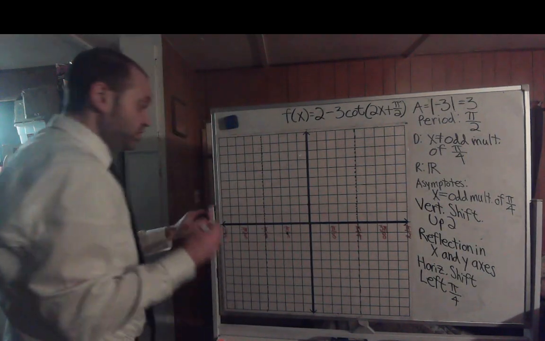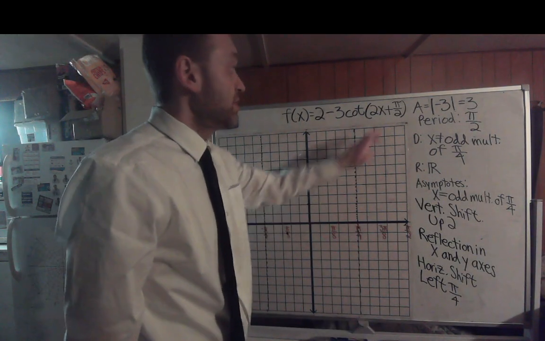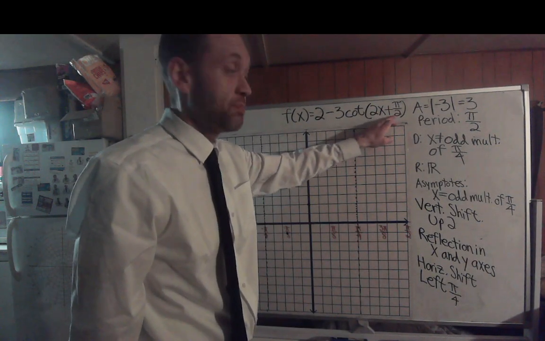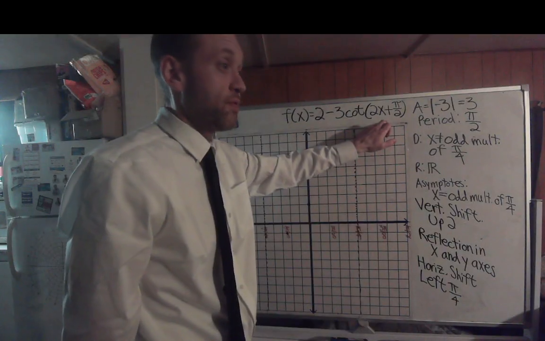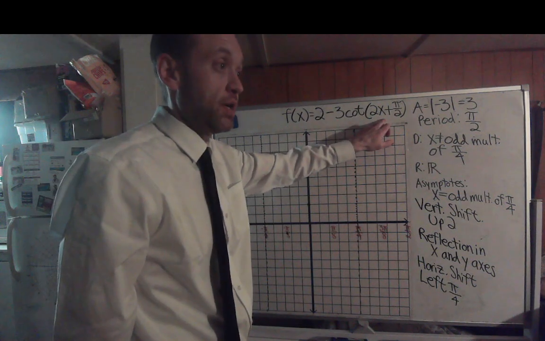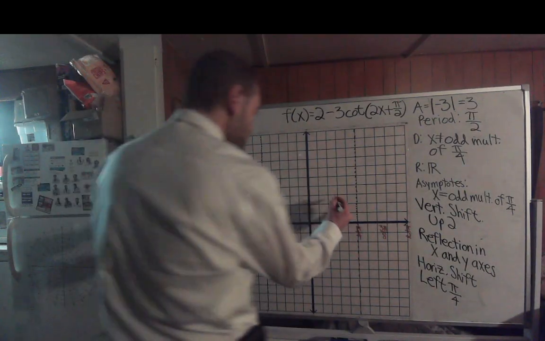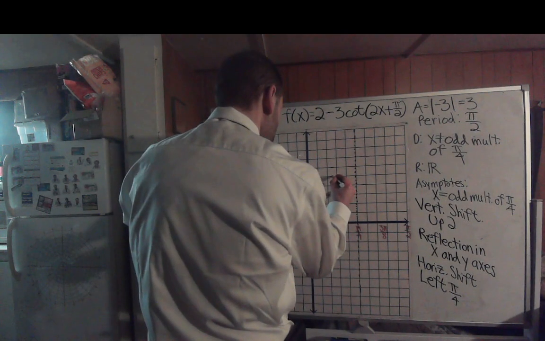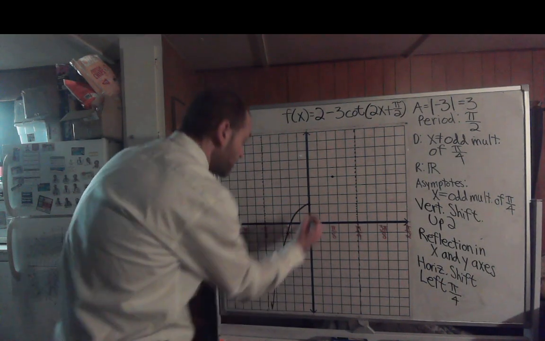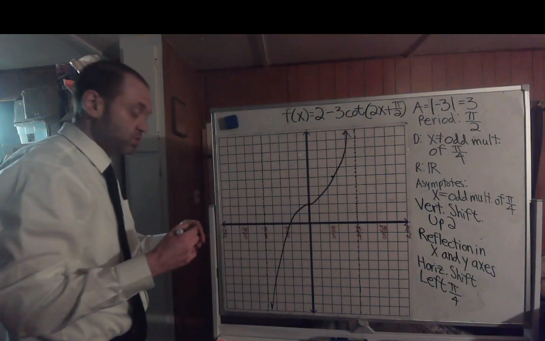And then if you take pi over 8, that would give you 2 times pi over 8, which is going to be pi over 4 plus pi over 2 gives you 3 pi over 4. Cotangent of 3 pi over 4 is normally negative 1. Take that times negative 3, you'll get positive 3 plus 2 is 5. So there is going to be your transformed graph to start with, and as you see, the cycle is going to repeat.